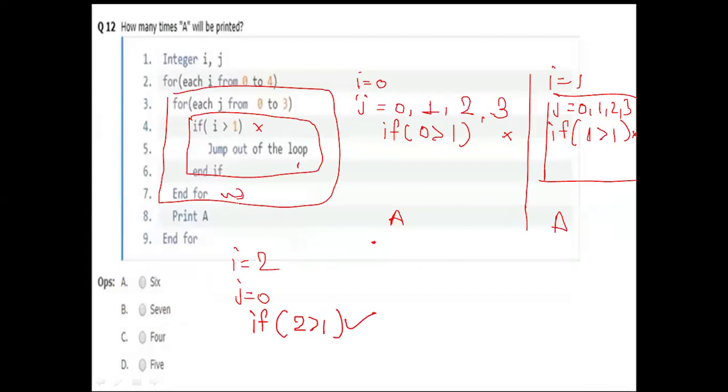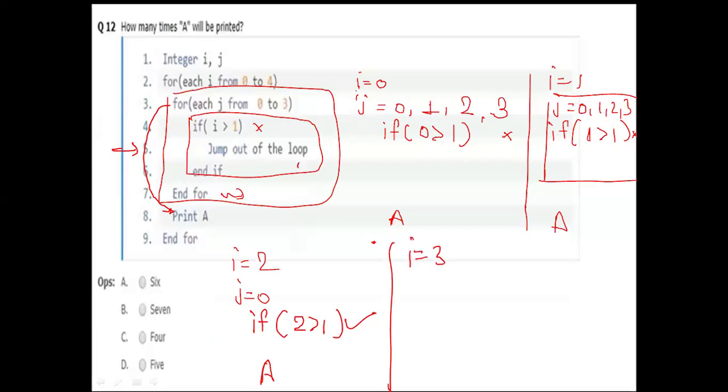No. Jump out of the loop means, in whichever scope this statement appears, from there we have to jump. It is similar to the break statement, if you remember. So I will jump out of the j loop. After jumping out of the j loop, I encounter the print of A. Now again A will be printed. Done, I will proceed to i equal to 3.